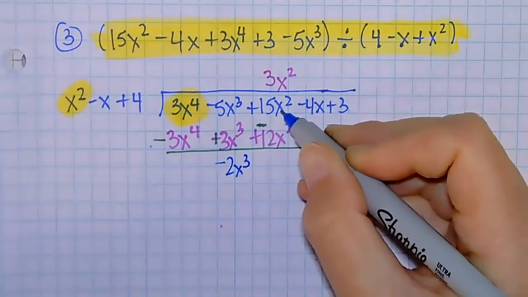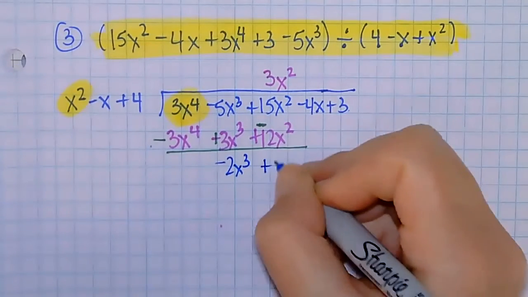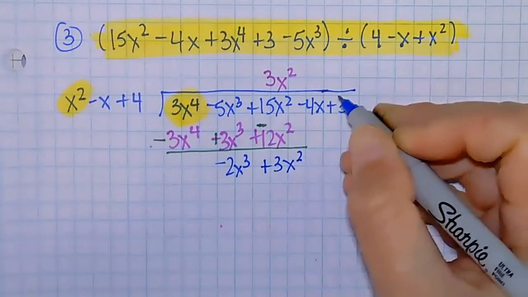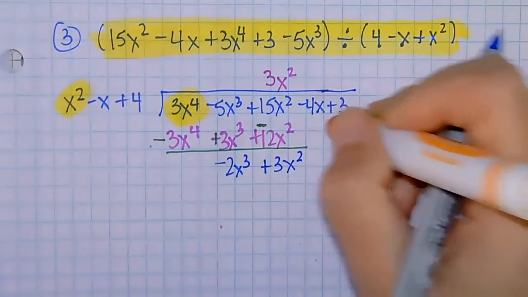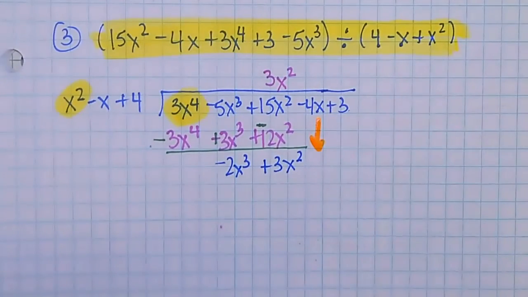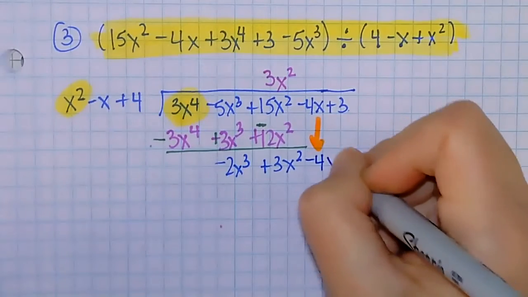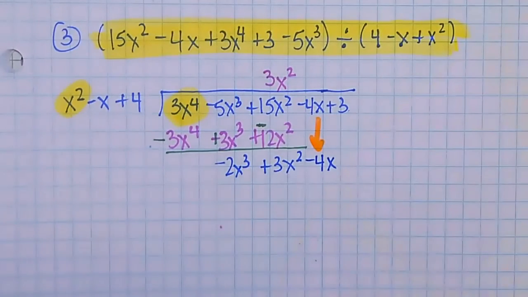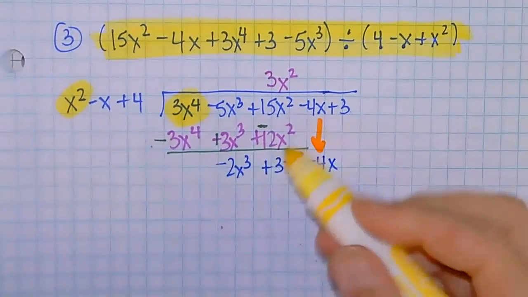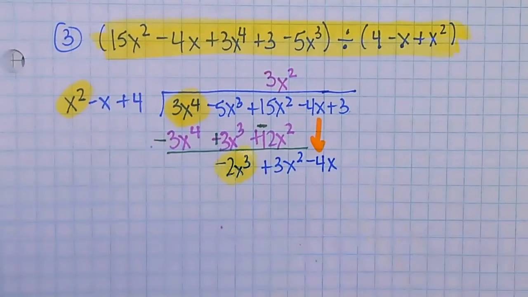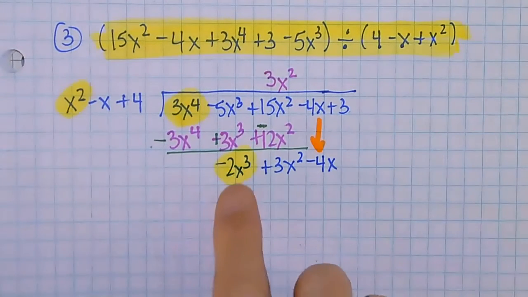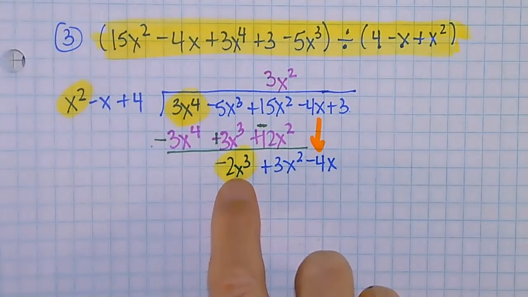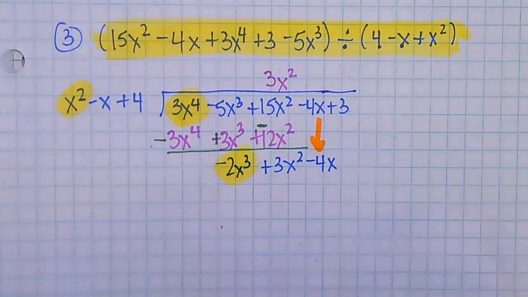15x squared minus 12x squared is a positive 3x squared. And then I'm going to bring down my minus 4x. So this is going to become a negative 4x. So again, I'm focusing on my x squared into my negative 2x cubed. So x squared times negative 2x will give me this.